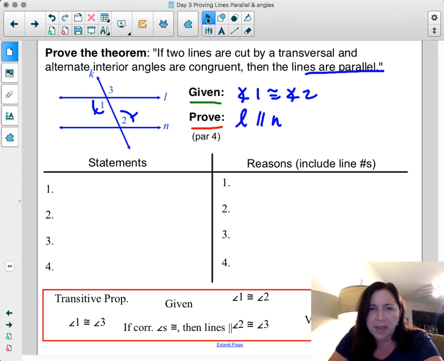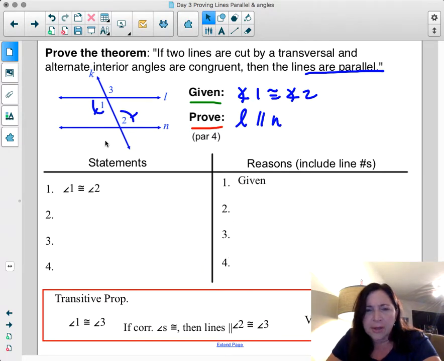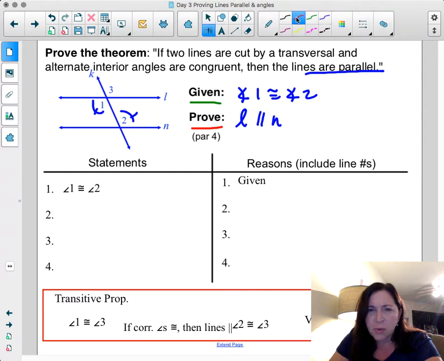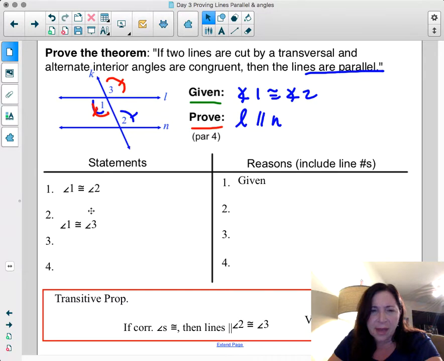So within your statements, your given is that 1 is congruent to 2. Now looking at this picture, you also know that angle 3 is congruent to angle 1 because those angles are vertical angles. So angle 1 is congruent to angle 3 because they are vertical angles.